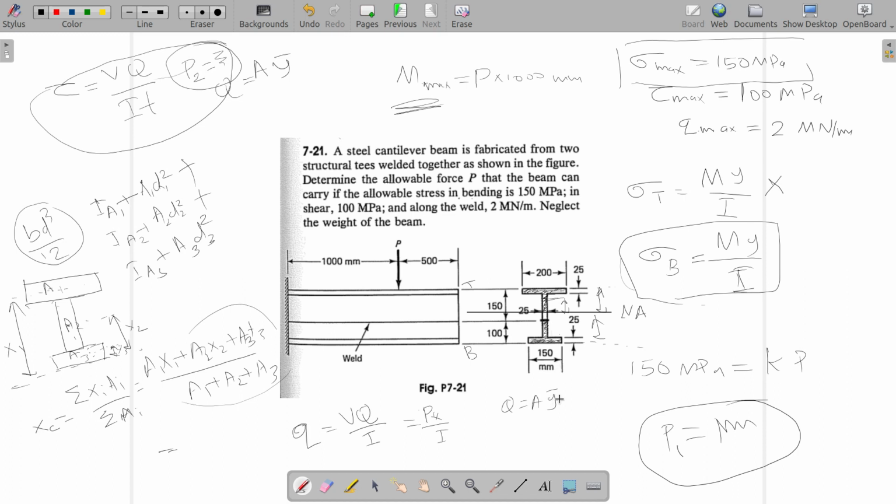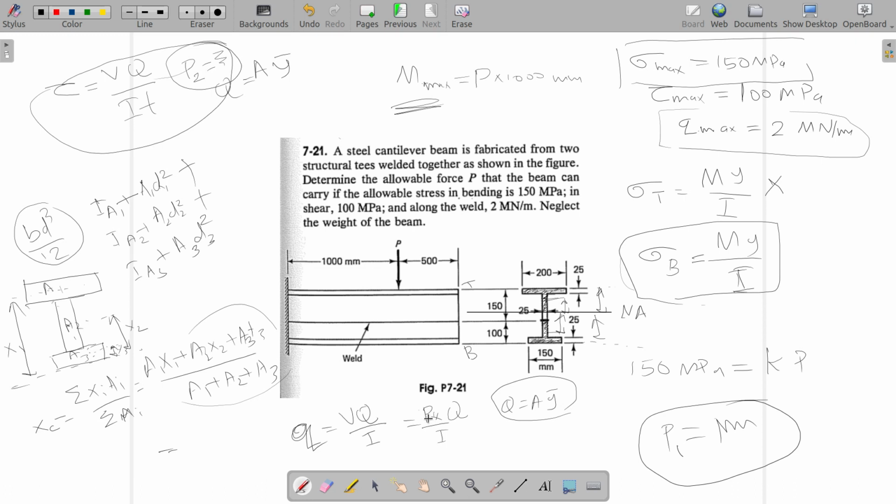And y bar. How do you calculate y bar? Find the centroid of this shaded area using this type of formula. So it will be somewhere here, and the distance between neutral axis and centroid of this shaded area will give you y bar. So A multiplied by y bar will give you Q. So once you have Q, it can be substituted here. So the Q max is given here, which is 2 meganewton per meter, which is the maximum allowable shear flow.